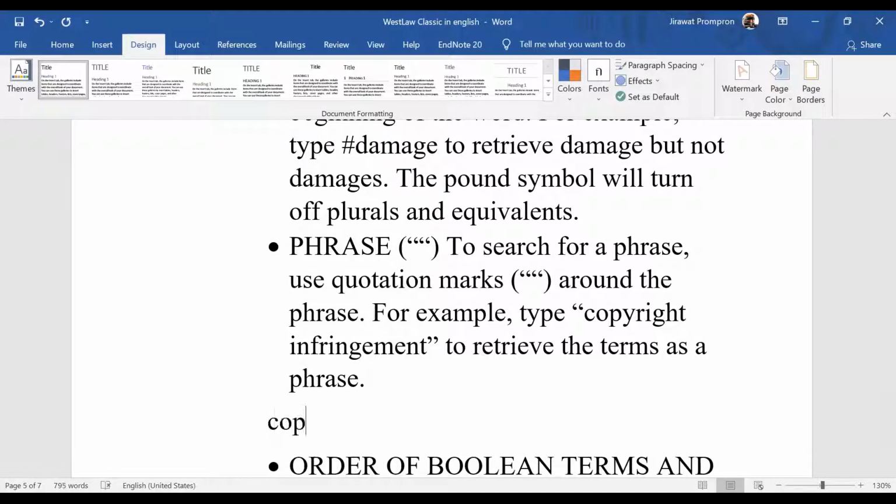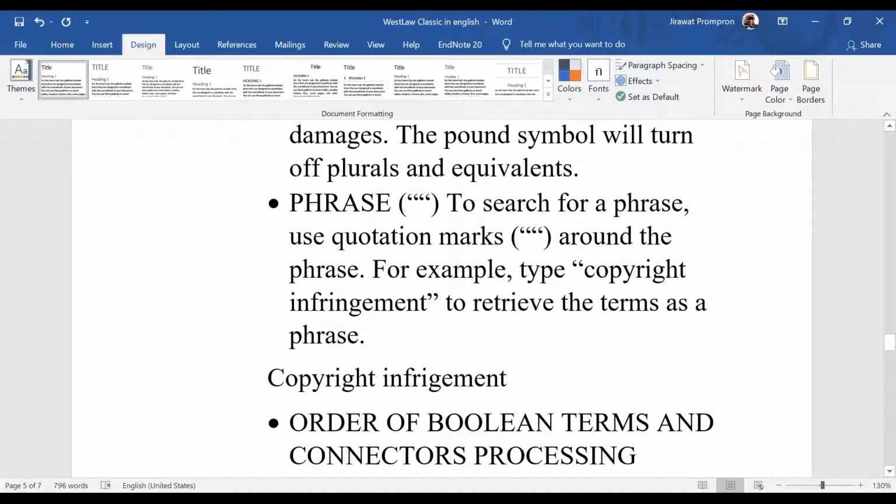If you put it like this, copyright infringement, without the quotation marks, Westlaw will treat it as copyright and put the operator between each word, with OR.